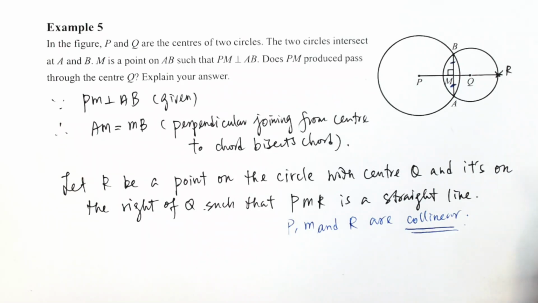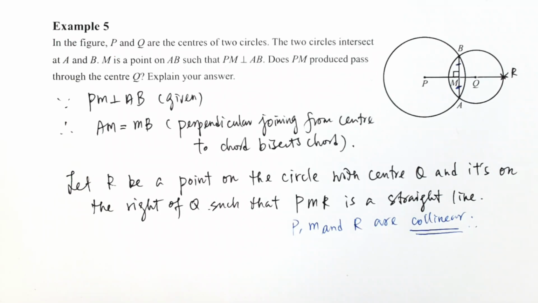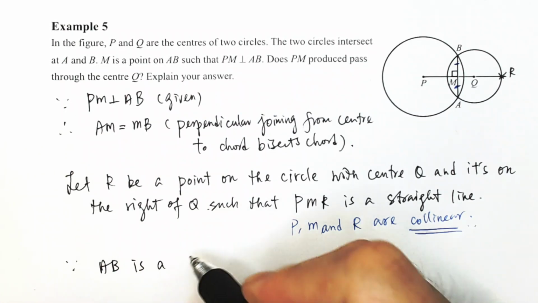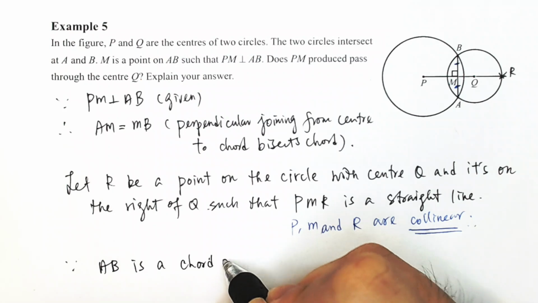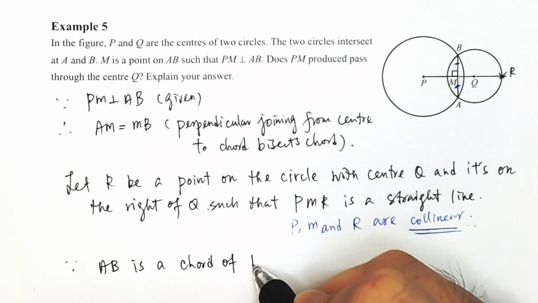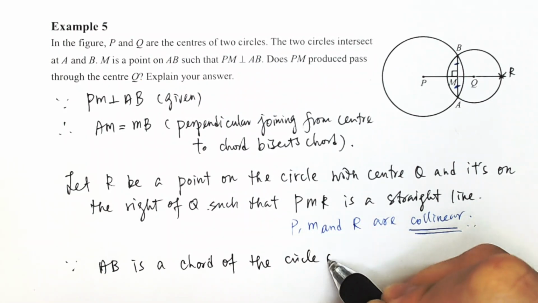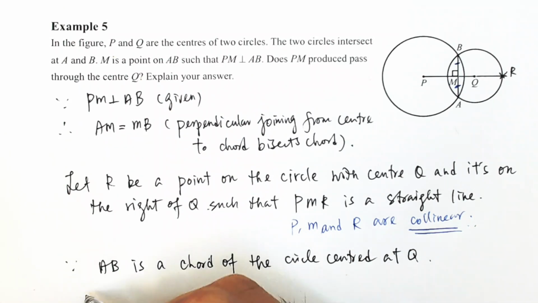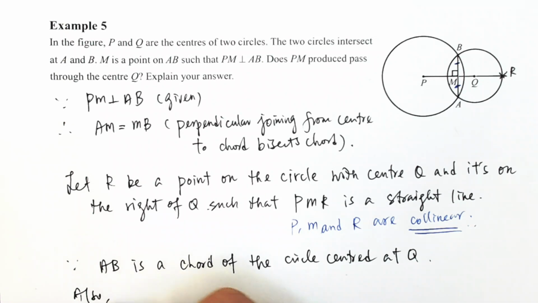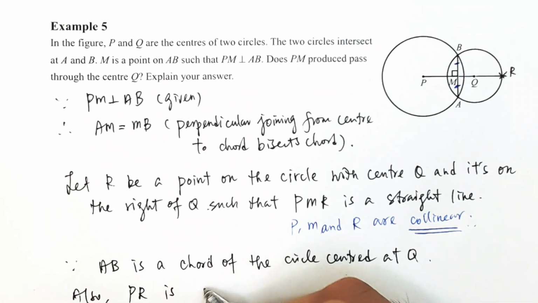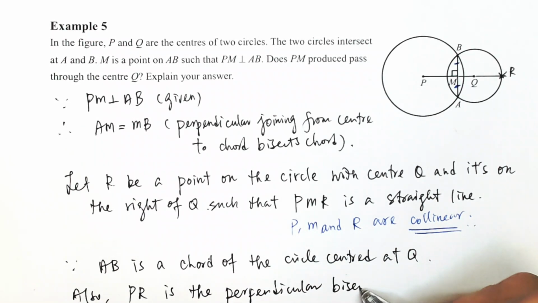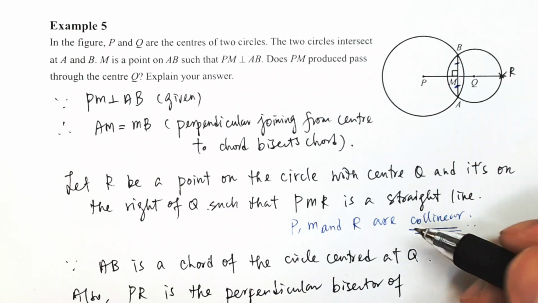Now, just argue something. Since AB is a chord of the circle centered at Q, also PR is the perpendicular bisector of AB.